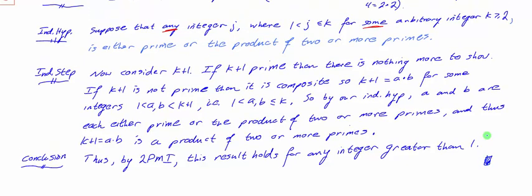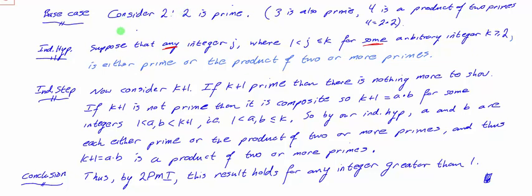Now notice here that we don't need multiple base cases. The 2 was enough. And the reason that we don't need multiple base cases here is in the part of the induction step where we're decomposing k plus 1 into a times b. The a and the b don't depend on the k for their values.